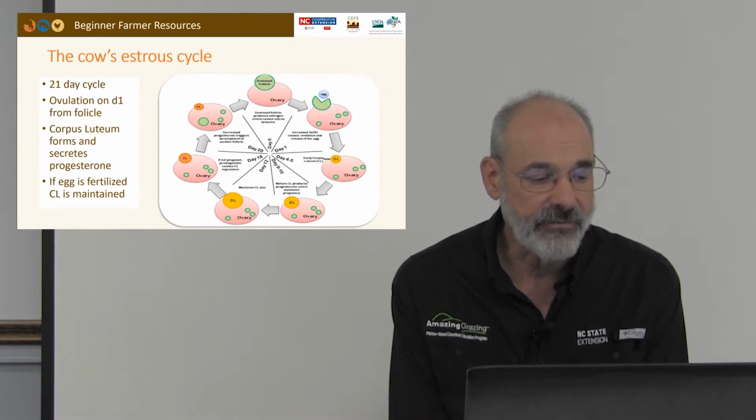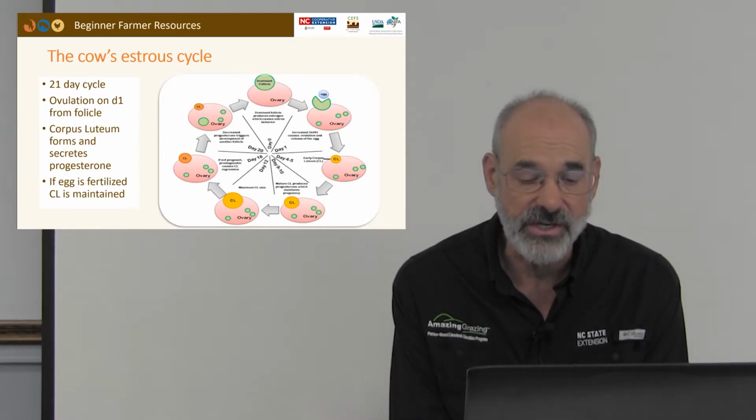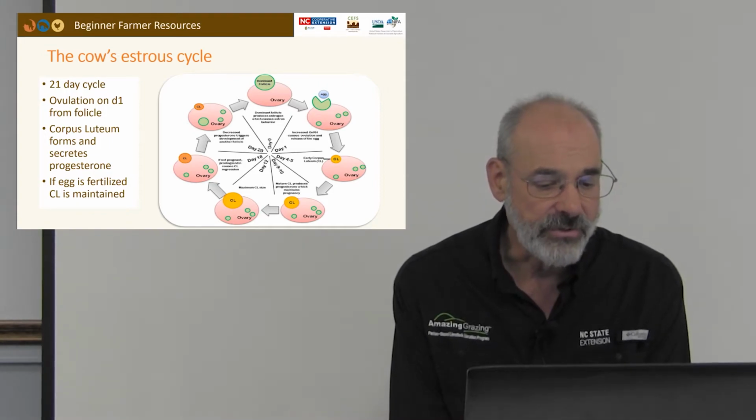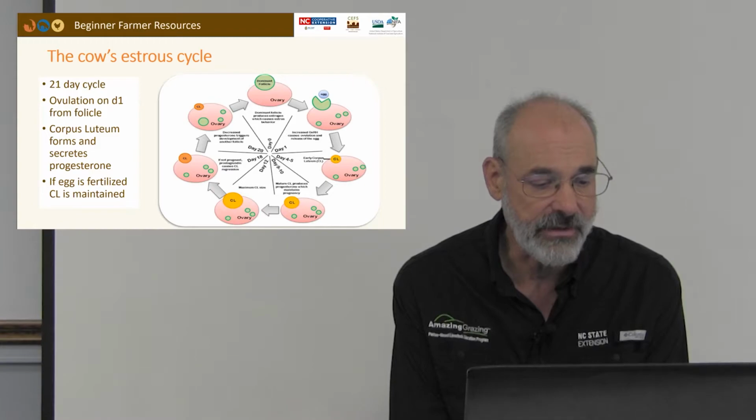The corpus luteum forms and secretes primarily progesterone, which helps to maintain pregnancy. And if the egg is fertilized, a signal goes back to the cow to indicate that there is pregnancy and that the CL needs to be maintained to help to maintain that pregnancy.